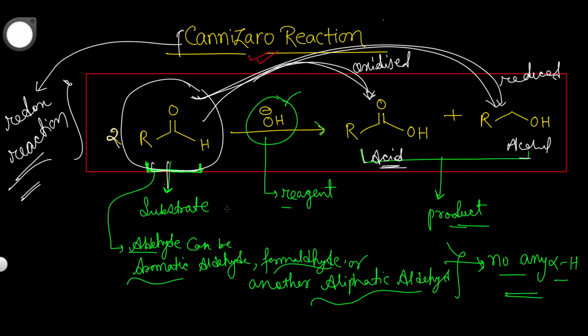So now let's start the mechanism of this Cannizzaro reaction. Let's take an example. Suppose we have taken two molecules of an aldehyde that has no alpha H, and we have taken a base OH minus, that is NaOH. The main thing is that there is no alpha H in this substrate.